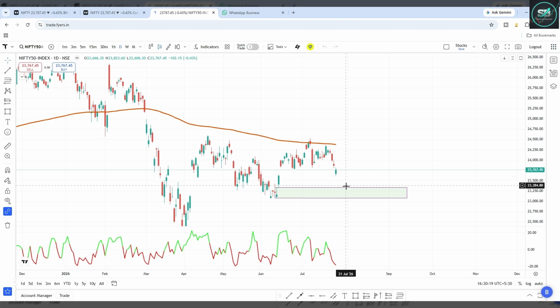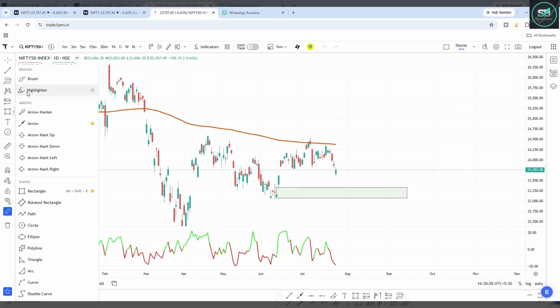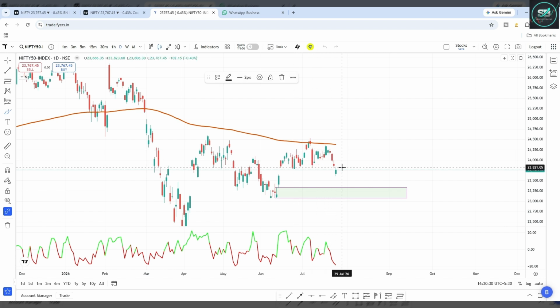If price gets reversed from the zone, this is the zone where we can attempt a long with this candle low as an SL.